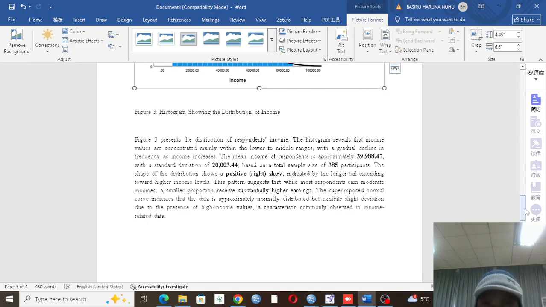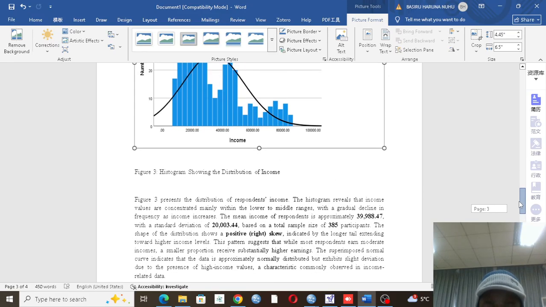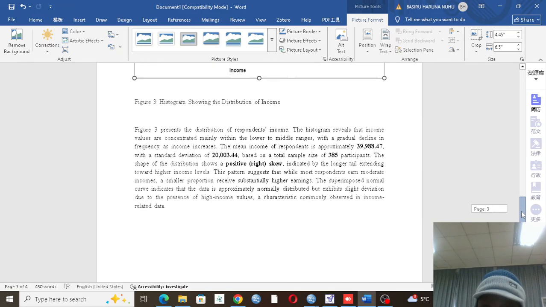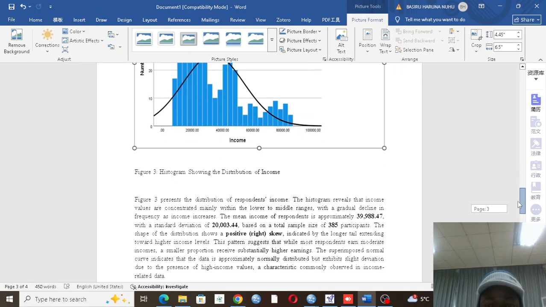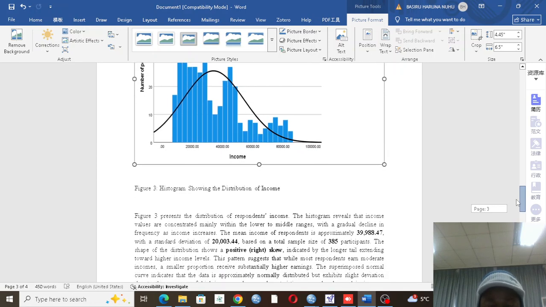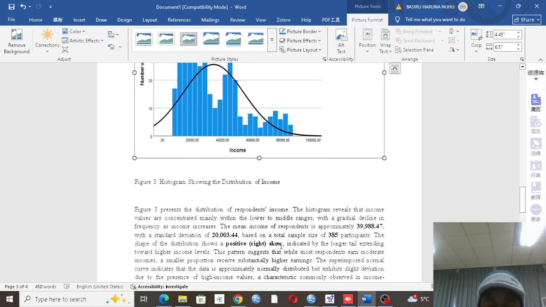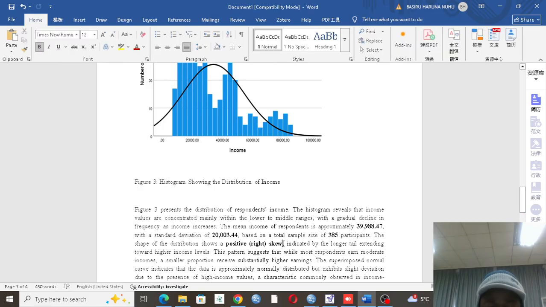So which means that it is not normally distributed, because they said normally distributed but exhibits slight deviation. There has been a deviation from there. So here we said it is positively skewed. That means it is not normally distributed.